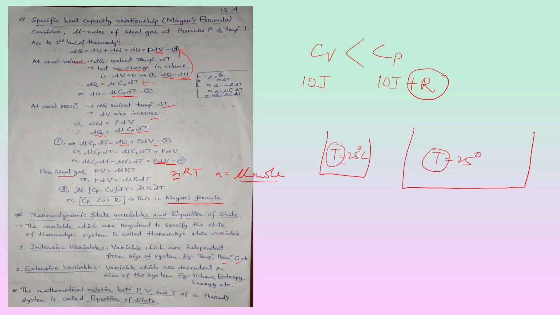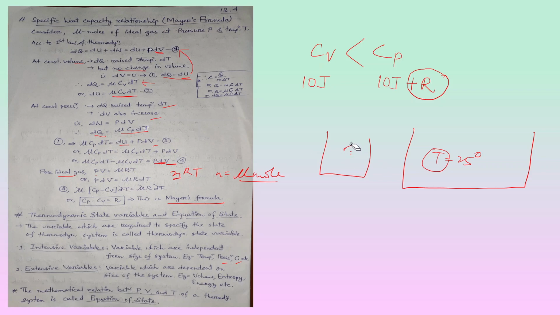And those variables which depend on the size of the system are extensive variables. So you see the variable quantity which depends on the size, that is the volume.